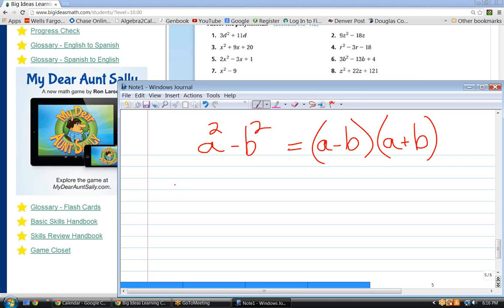So, if I had something like this, is that the difference of perfect squares? Yeah. What is A? 4x squared. No, that's A squared, notice. So is it just 4x?